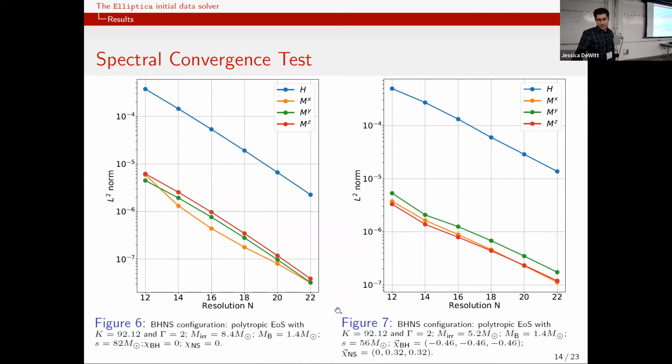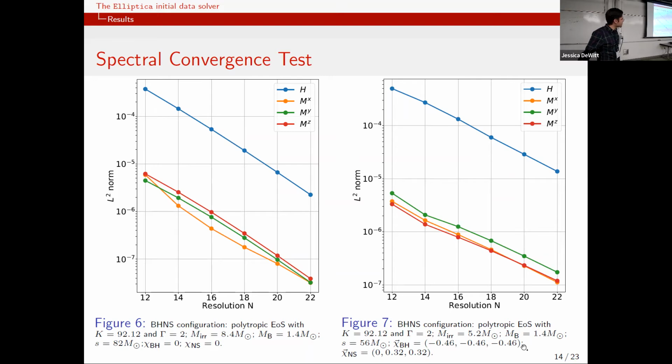The other test that we can do is to add a spin to the system. For example, the spin of the black hole is shown here with minus 0.46 and so forth, which gives you a magnitude of 0.8.